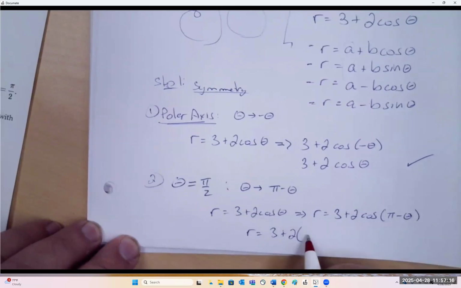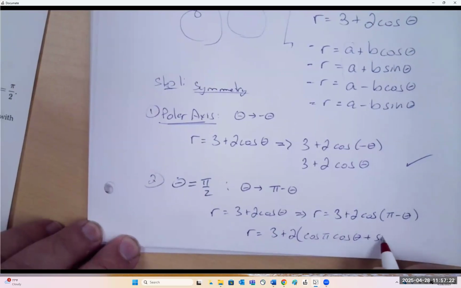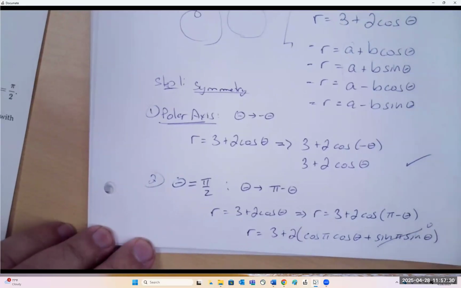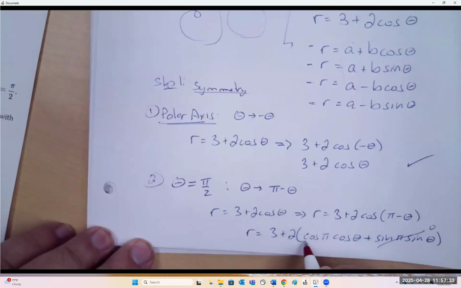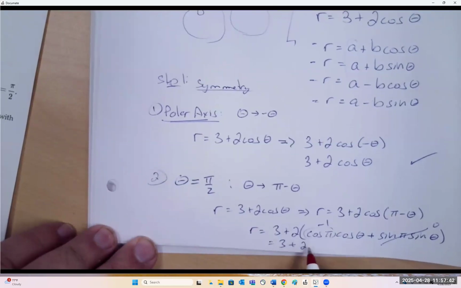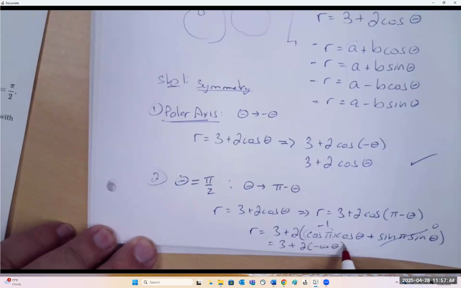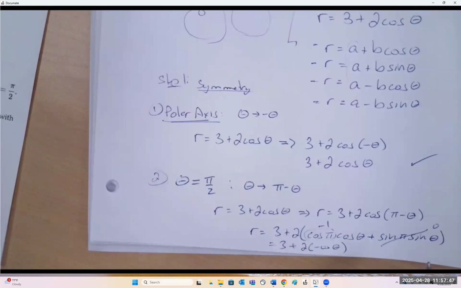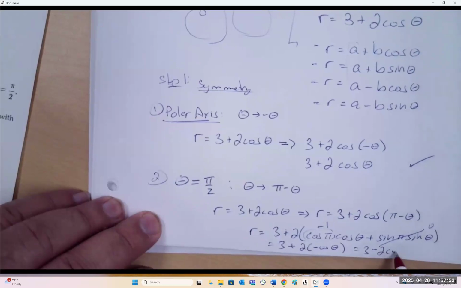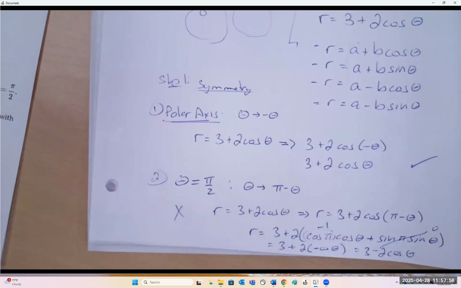This is a difference in angles, so we have cosine pi cosine theta plus sine pi sine theta. Sine pi goes to 0. Cosine of pi is -1. Since that's a negative, it changes the equation. So it fails that.